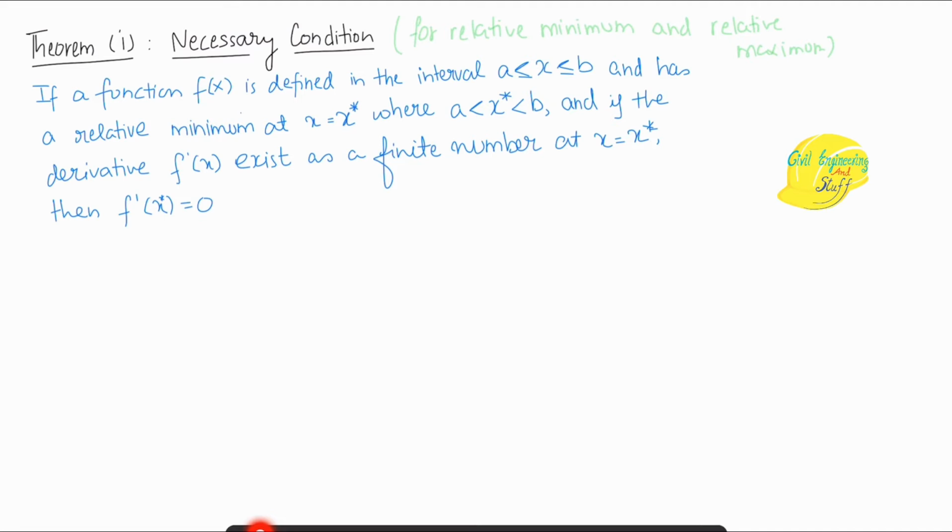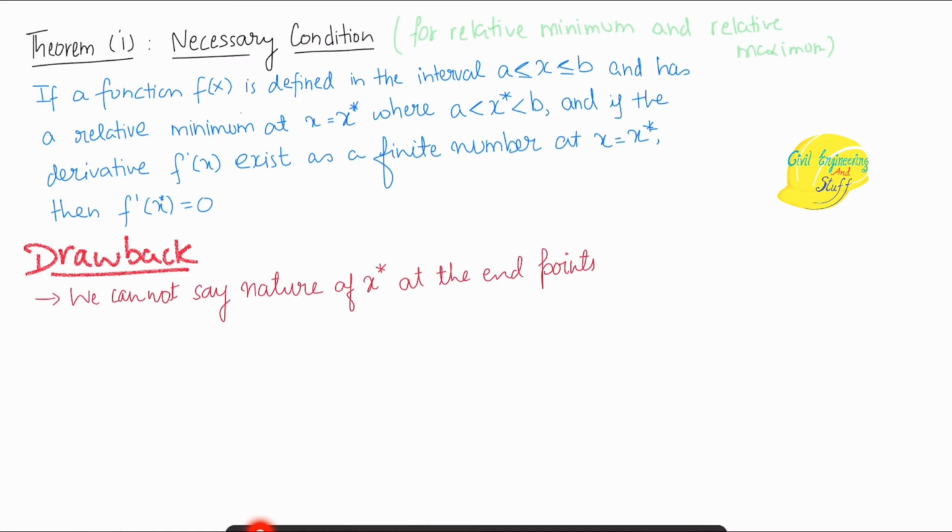But there are some drawbacks attached to this condition. The first is that we cannot say the nature of x star at the endpoints. Using this condition, we cannot define whether x star is a maximum point or a minimum point, especially at the endpoints.